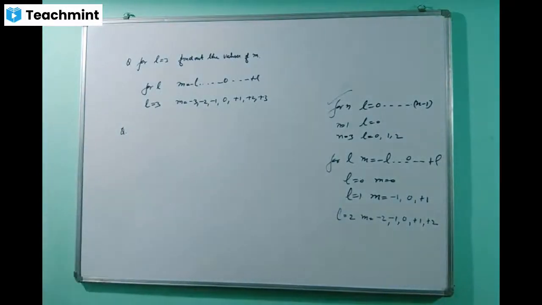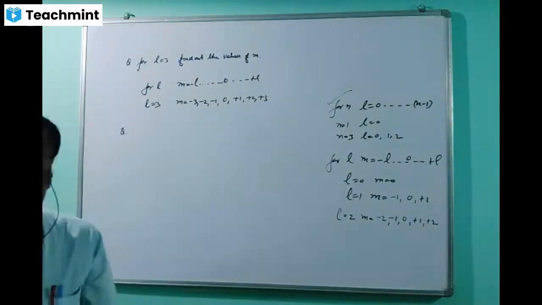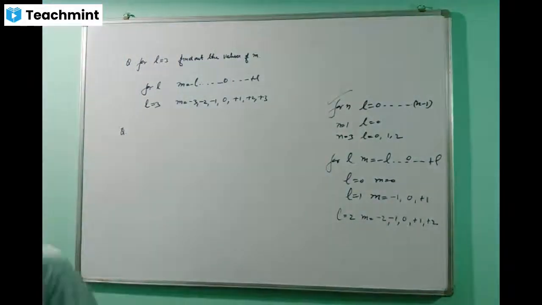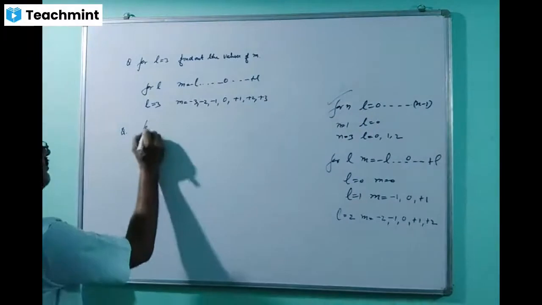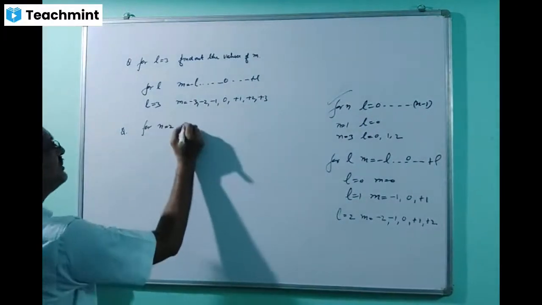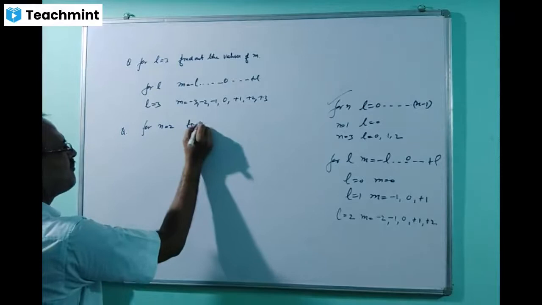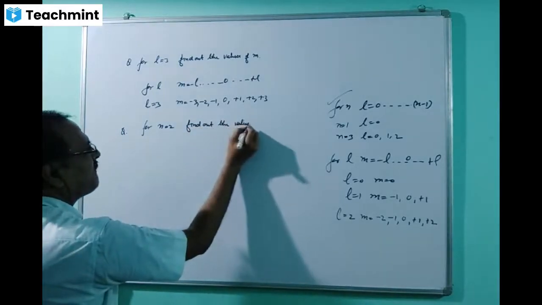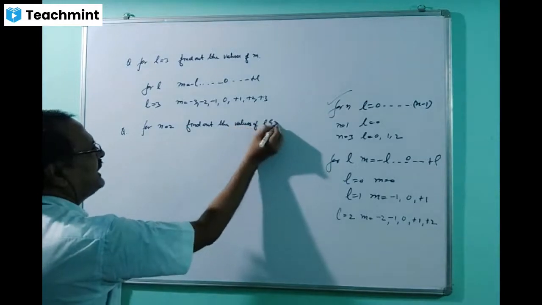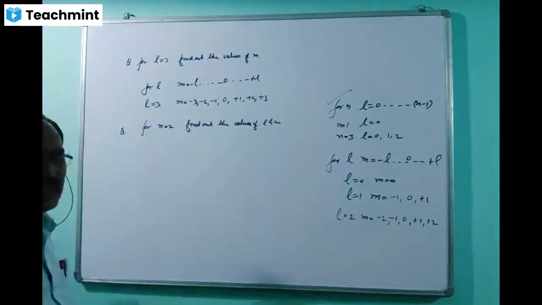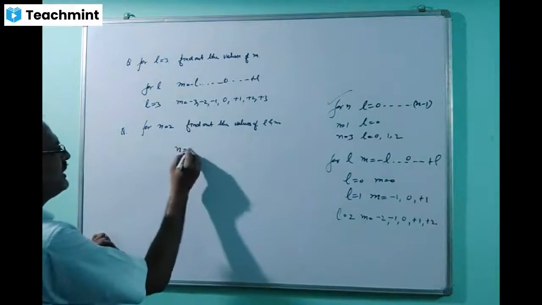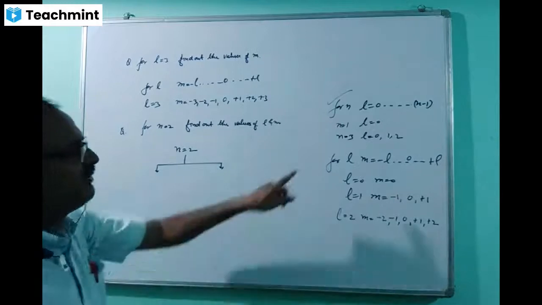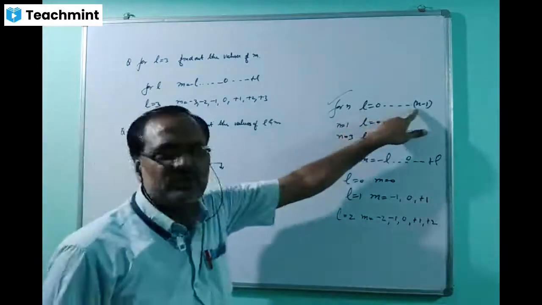Now the next question, an atomic orbital has n is equal to 2. What are the values of L and M? So the question is that for n is equal to 2, find out the values of L and M. The previous example I have given you, so in the same way you can solve. N is equal to 2, then L is equal to, you have studied, 0 to n minus 1.